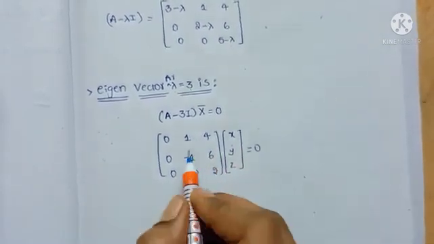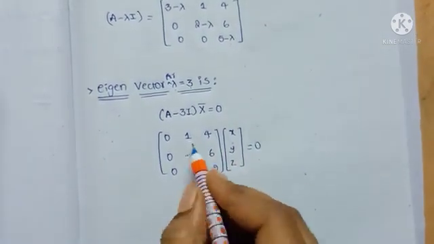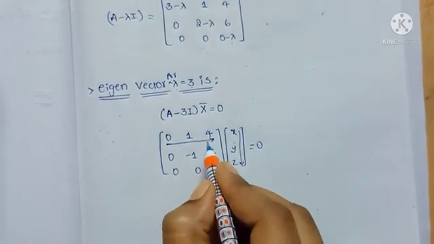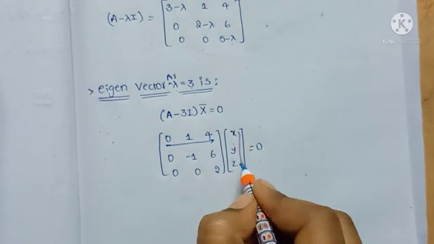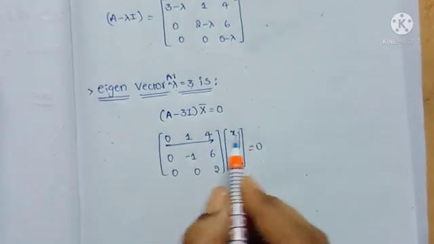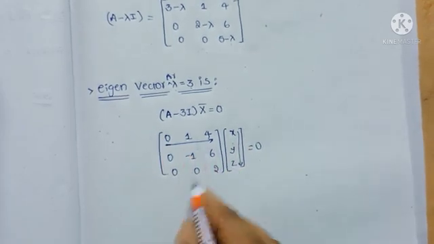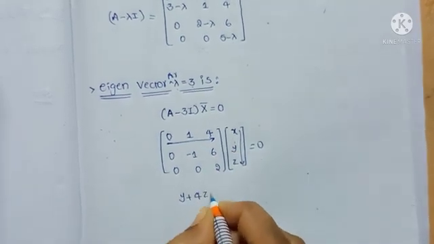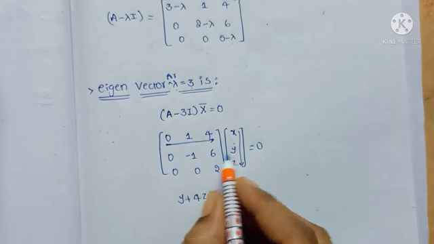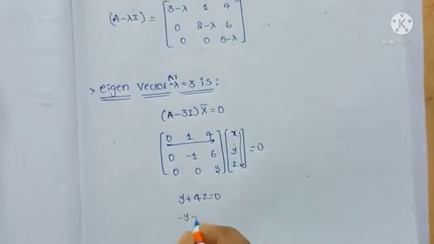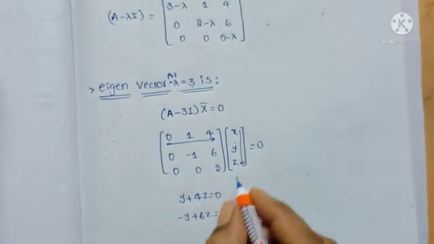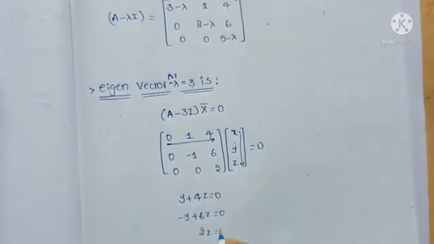Writing this in equation form, multiplying each row with the column, we get 0 into x, and 1 into y, y plus 4 into z, 4z, equal to 0, and similarly minus y plus 6z equal to 0. Here 2 into z, 2z, equal to 0.